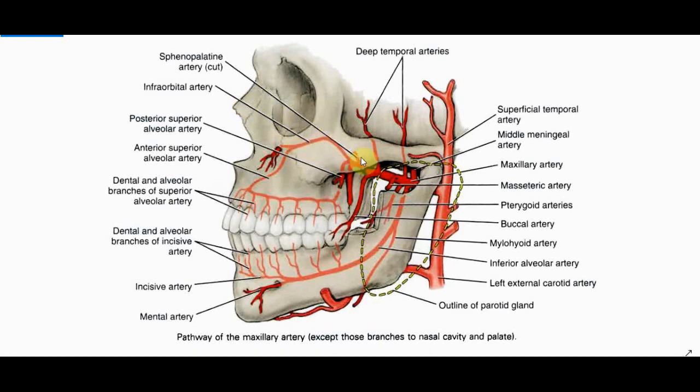The sphenopalatine is over here, which is actually the terminal part. So it's kind of going like this, and so this is the terminal part, the sphenopalatine. It has an infraorbital, a posterior superior alveolar. We have a greater palatine, and we also have the pharyngeal and the artery of the pterygoid canal, not shown over here.